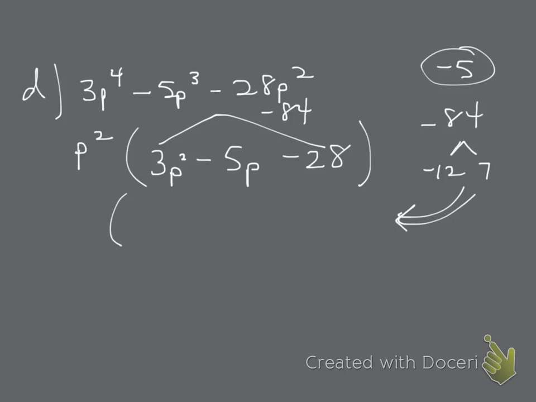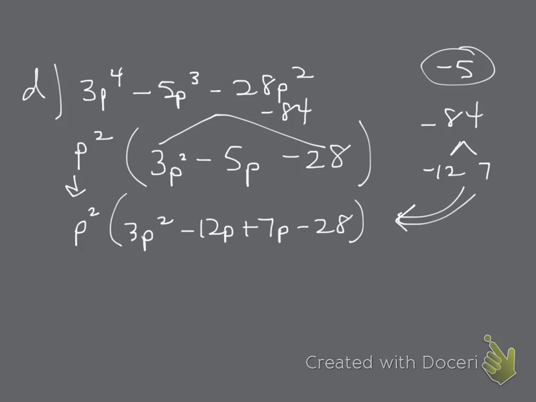What am I going to write? 3p squared minus 12p plus 7p minus 28. Okay? Am I forgetting anything on that line? Yes, you need to bring the p squared. I need to keep bringing that p squared down. I don't want to forget about it. Some people will wait till the very end to bring it down, but when you're learning, just keep bringing it down so you don't forget about it. Okay? So p squared just comes down.